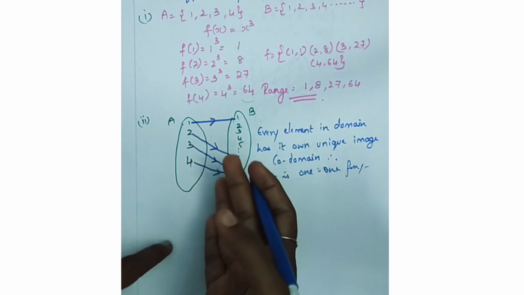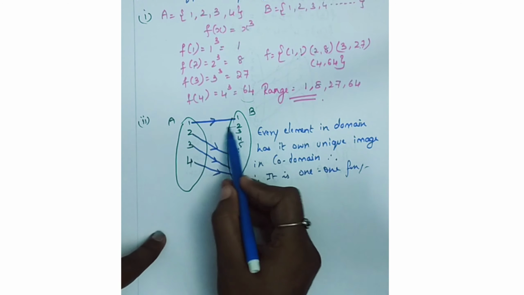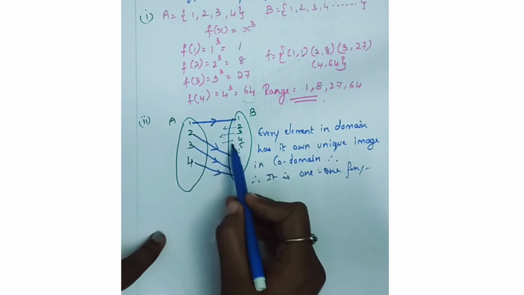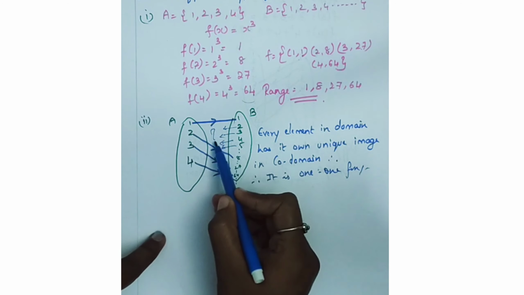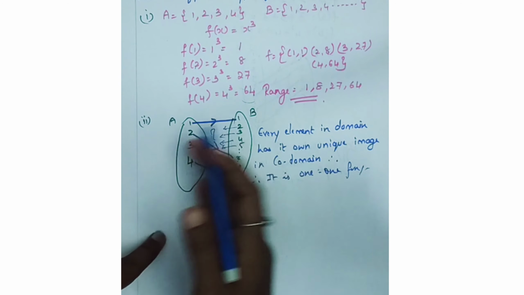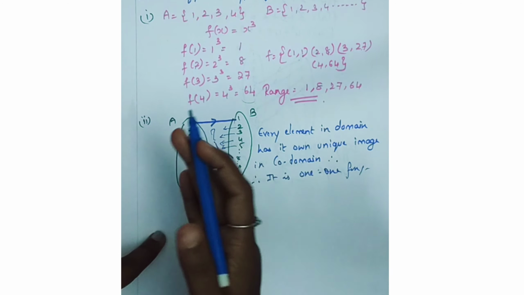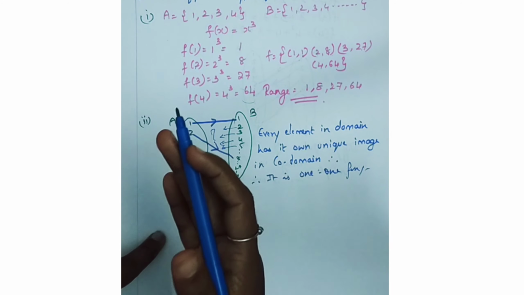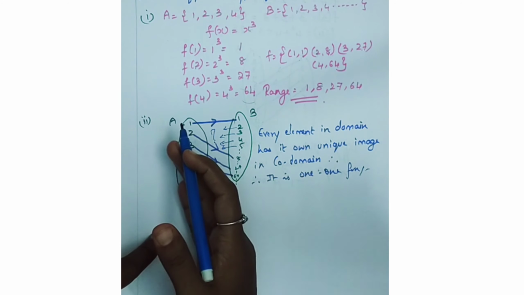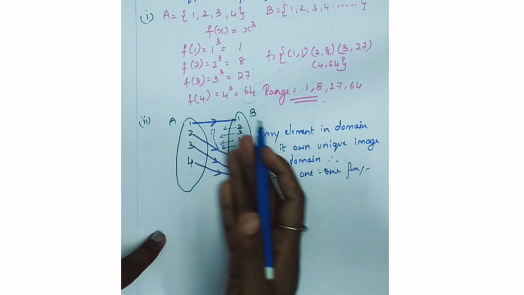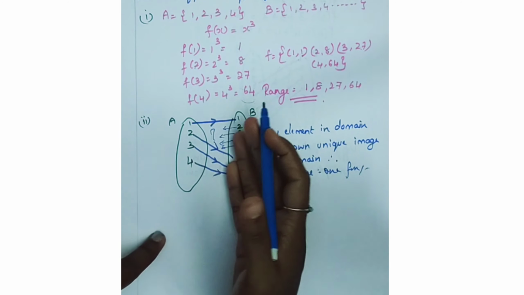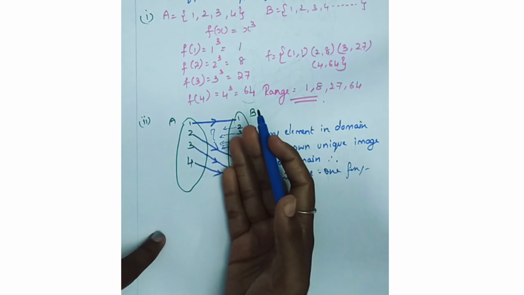By seeing this only we can say that for some of the elements there are no pre-images. If pre-images exist for every element, we can say it is an onto function. If there are no pre-images for some elements in B, it is not an onto function.